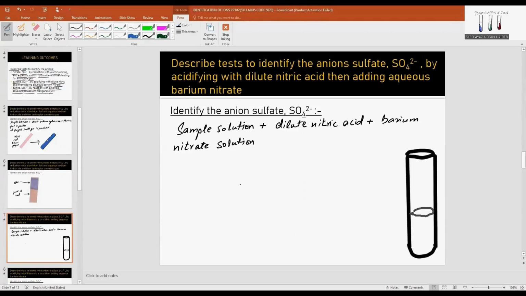Now you have to recall why nitric acid is added here: to destroy any carbonate present.